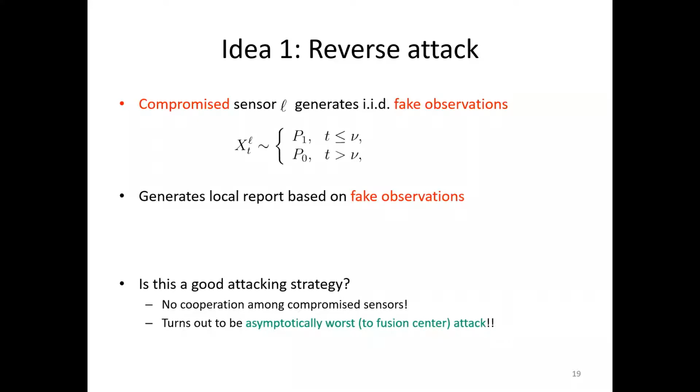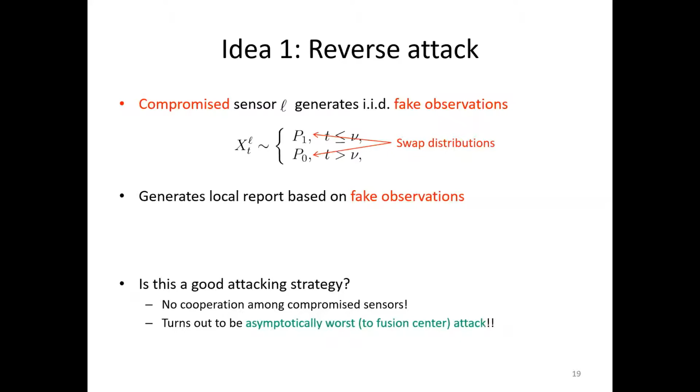That is, we let each compromised sensor generate IID fake observations from this distribution. You can see that I didn't actually do anything. I just swap the P0 and P1.